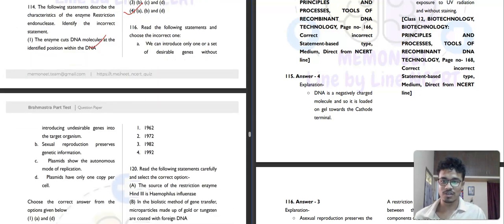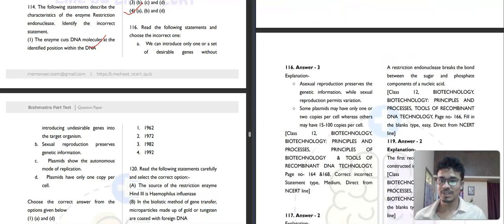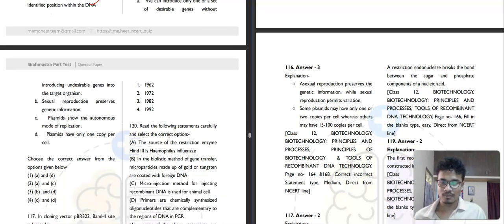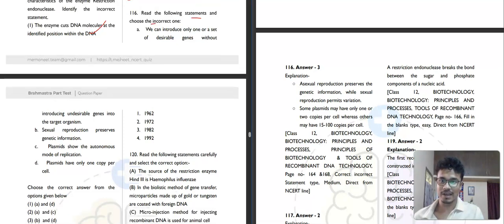Moving to the next question, question number 116. It is saying read the following statements and choose the incorrect one. So you have to read this question first. Here you need to find the incorrect one.